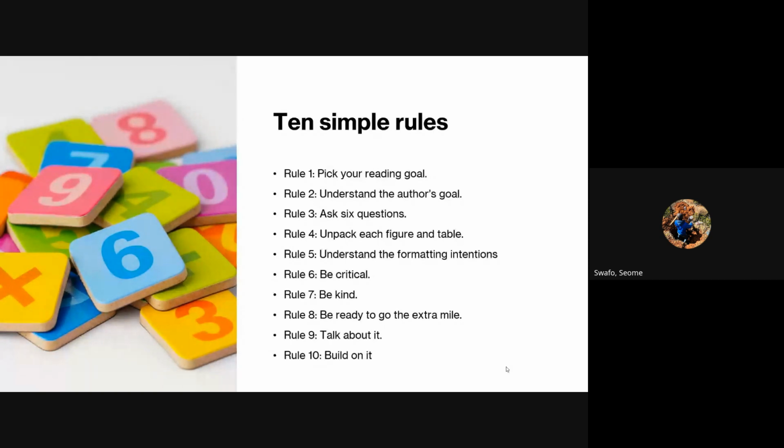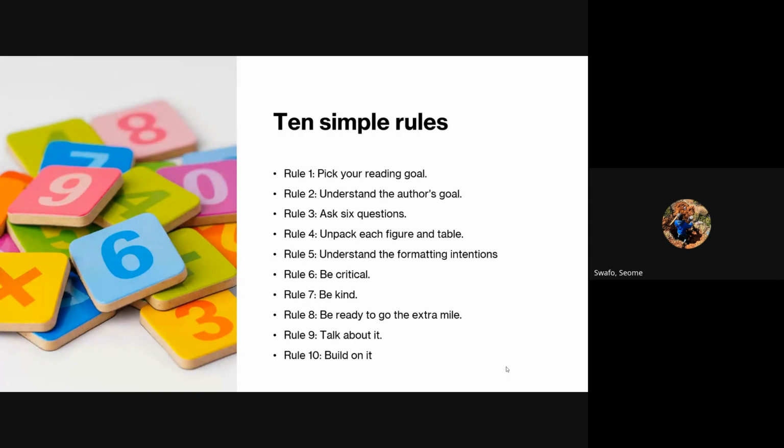The second rule is understand the author's goal. The third one is where you have to ask yourself some basic six questions. The fourth one is where you have to unpack the present figures and tables in that particular article. The fifth rule is where you have to understand the formatting intentions.